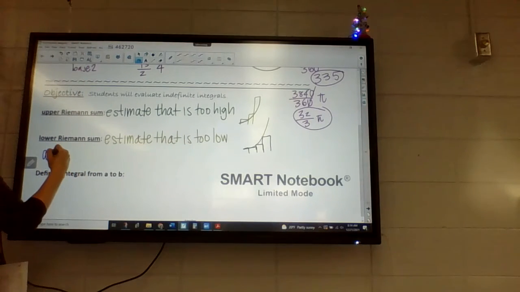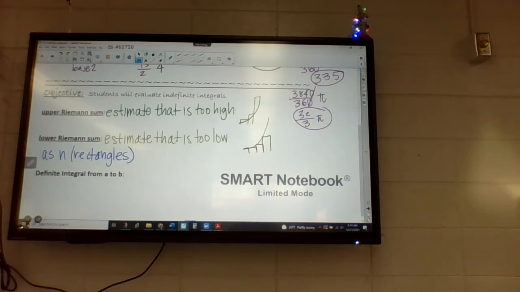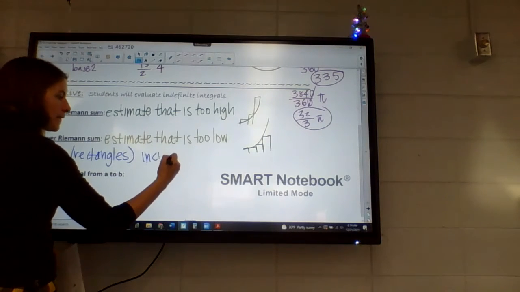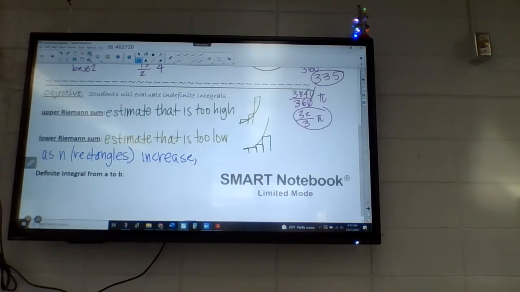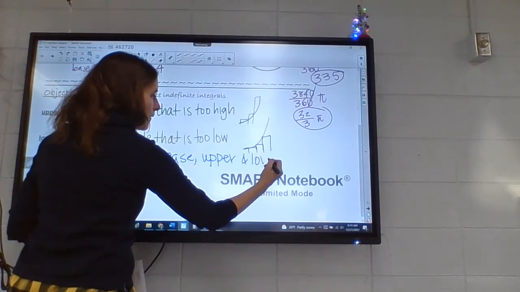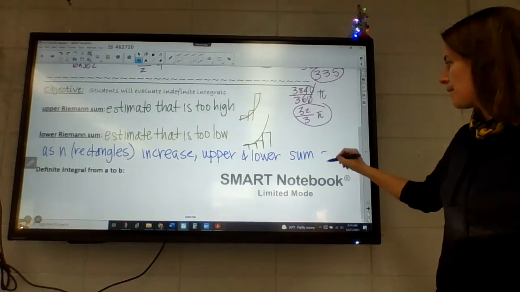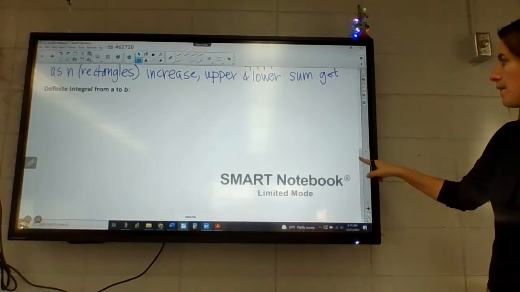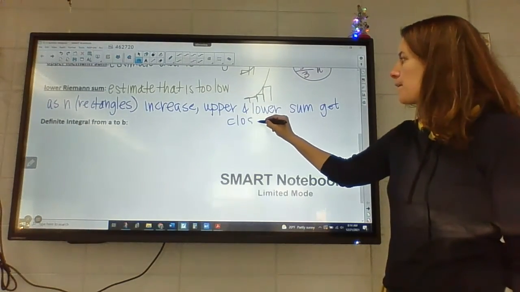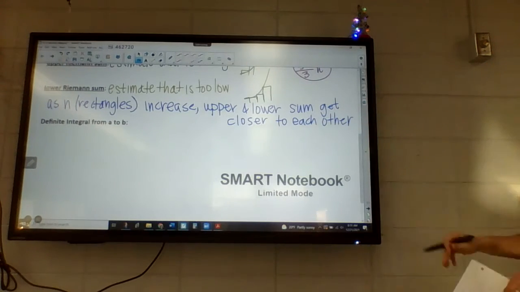So as n, the rectangles, increase, the upper and lower estimates or limits get closer and closer to each other. And that's kind of the idea of a limit.